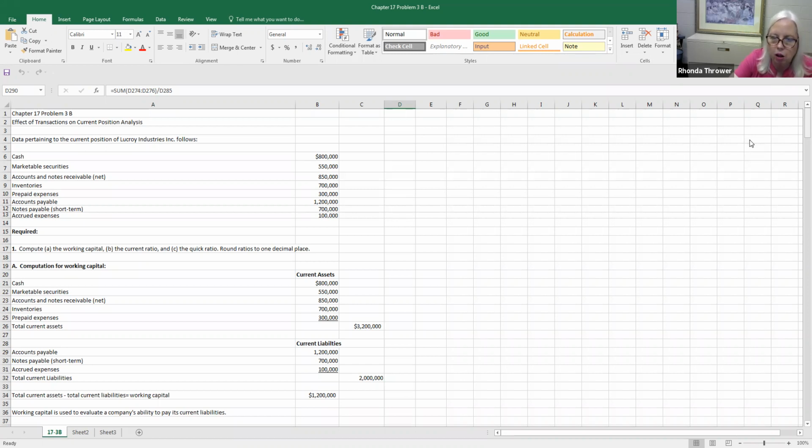When you combine all these together, your new total current liabilities is $2,325,000. So to find your working capital, we would take our current assets, subtract our current liabilities from them, and that gives you the working capital. We would also take our current assets and divide them by our current liabilities to get our current ratio.